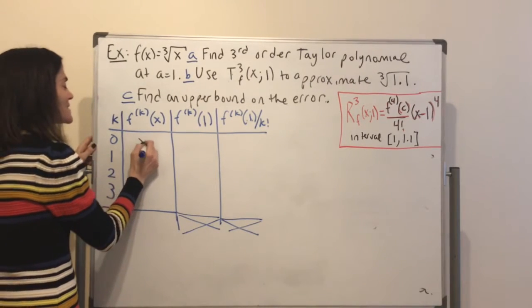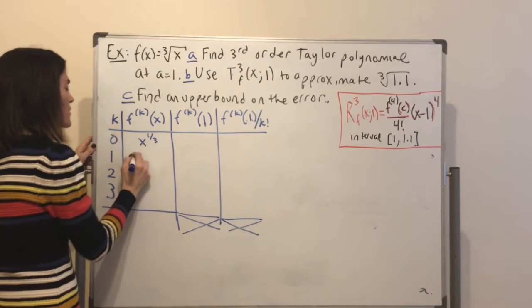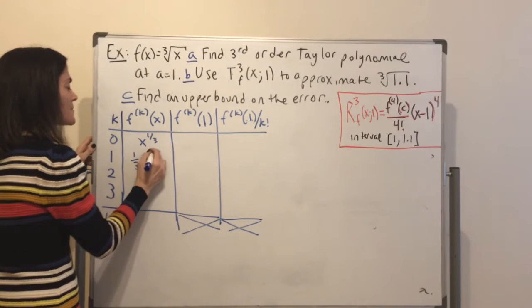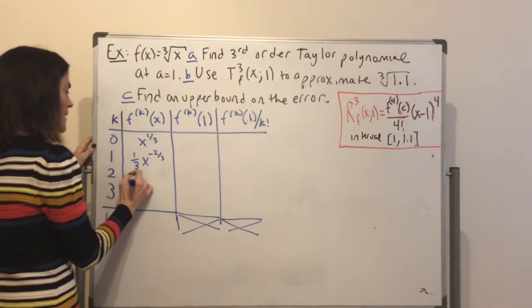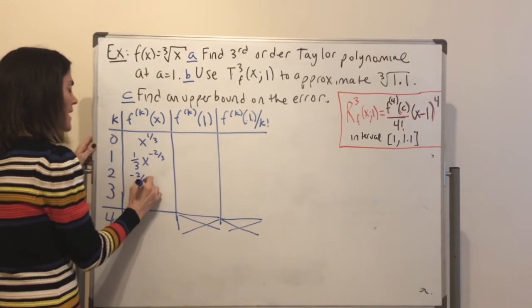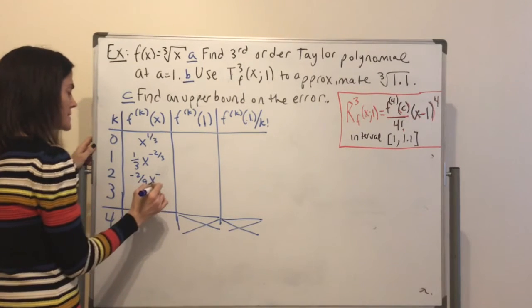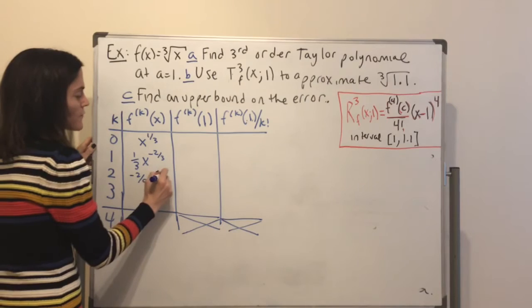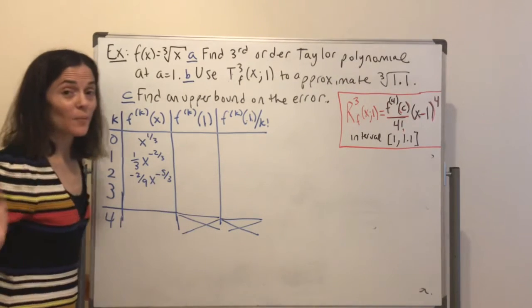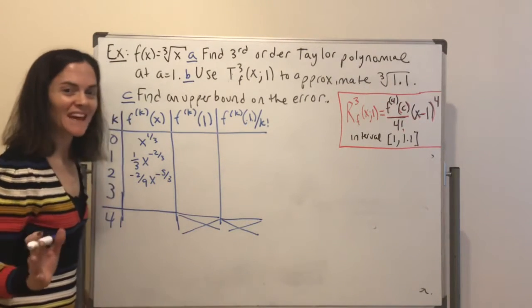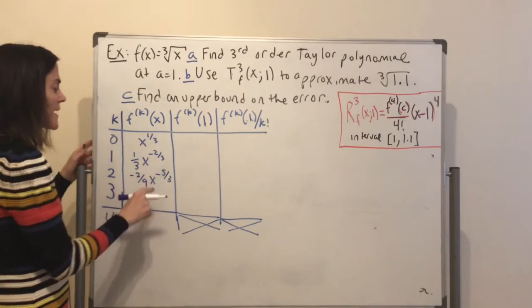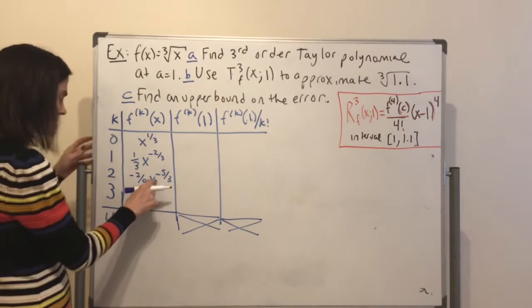Okay, here we go. Well, this is x to the 1/3, then 1/3 x to the minus 2/3, then minus 2 over 9 x to the minus 5 over 3. It's all power rule. You just have to be a little bit careful because it's negative exponents and fractions.